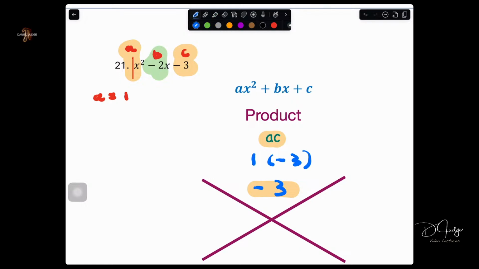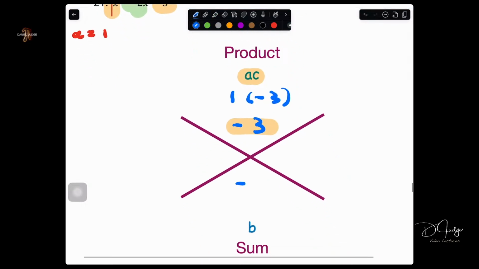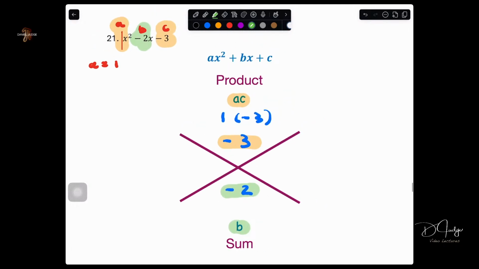Your sum is negative 2. So we need two numbers multiplied together, product is negative 3, sum is negative 2. It's the crisscross method.